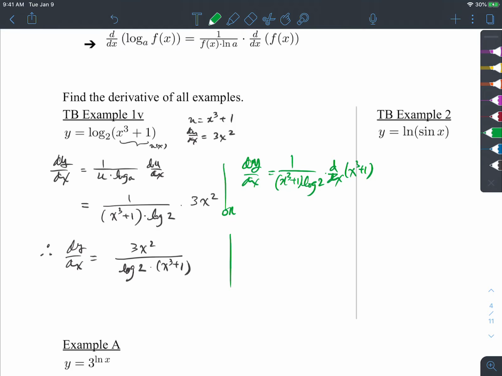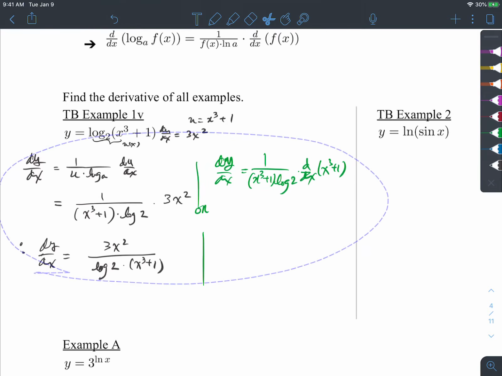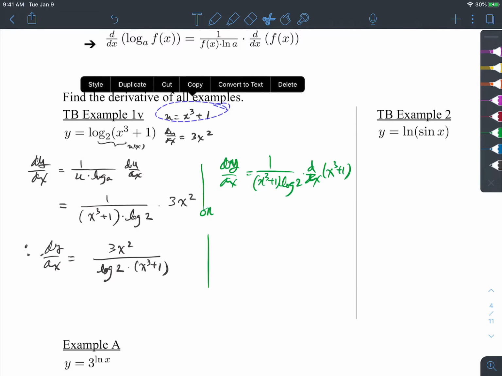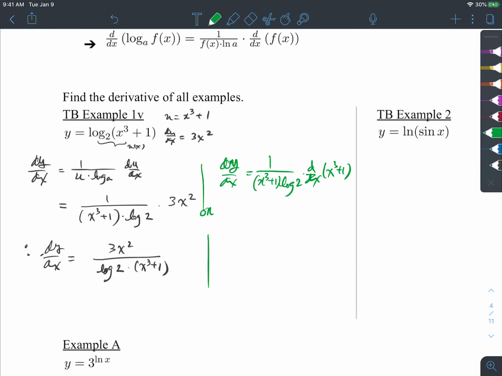I would like to see that actually, so that I know that you understand the process, right? When you go through that calculation, you do the derivative of x cubed plus 1, which is 3x squared over log base 2 times x cubed plus 1. All right, guys?